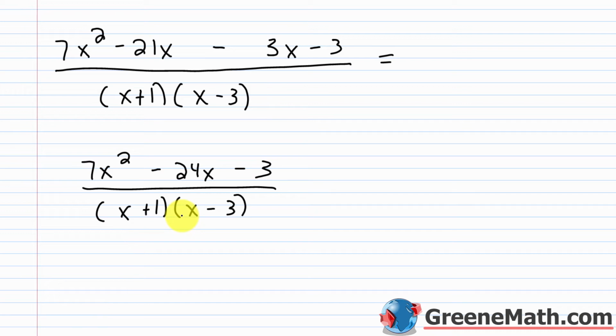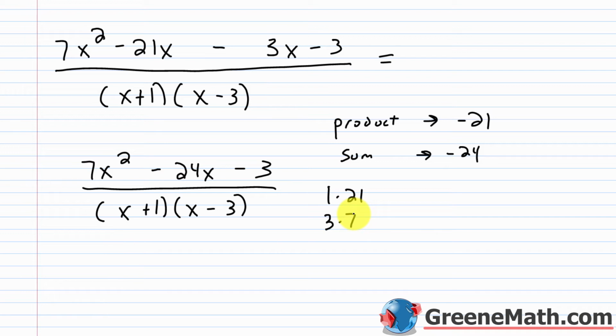So I got to think about two integers whose product, so I want a product of what? 7 times negative 3, so of negative 21, and then whose sum is going to be negative 24. Now, for 21, you basically only have what? You have 1 times 21, and you have 3 times 7. That's it.